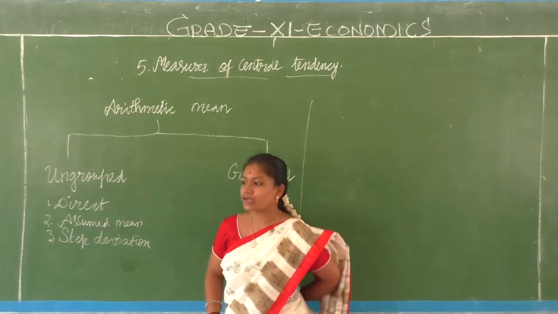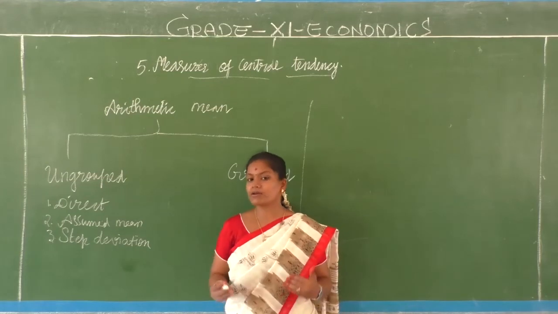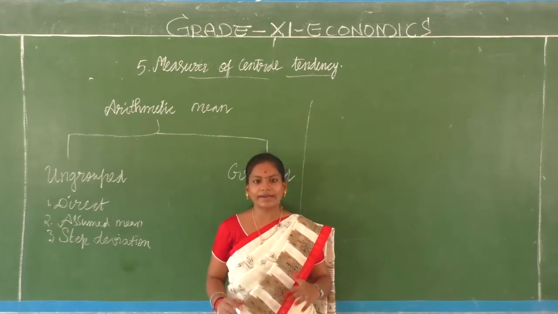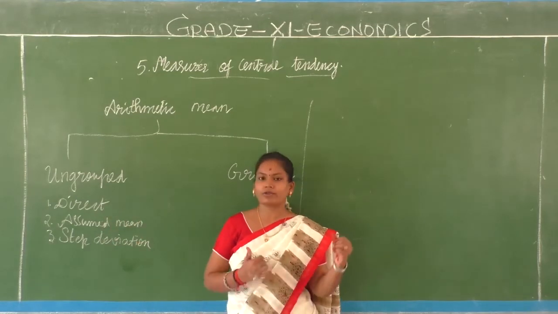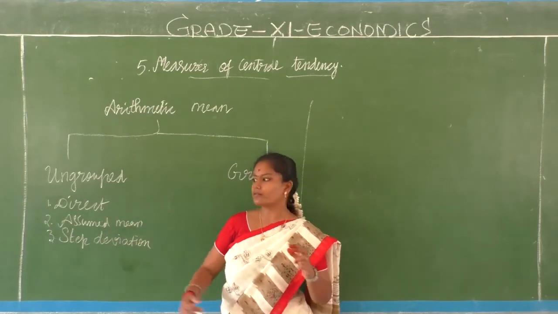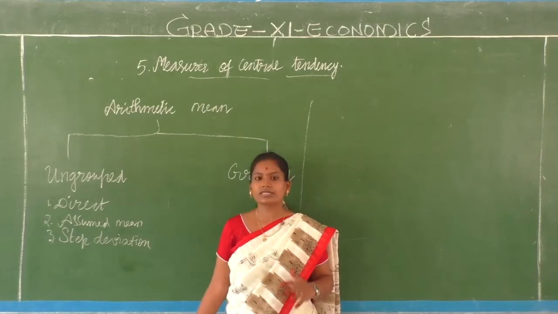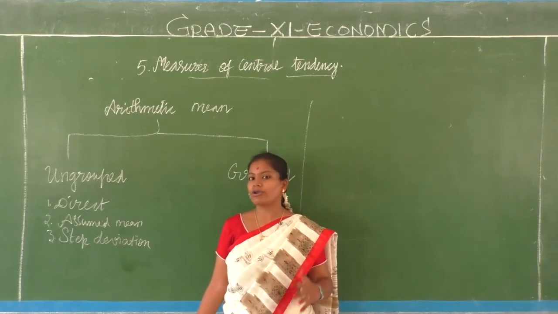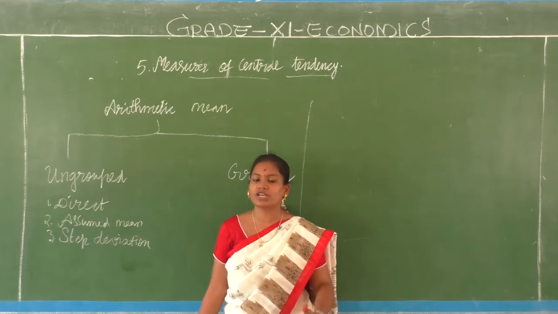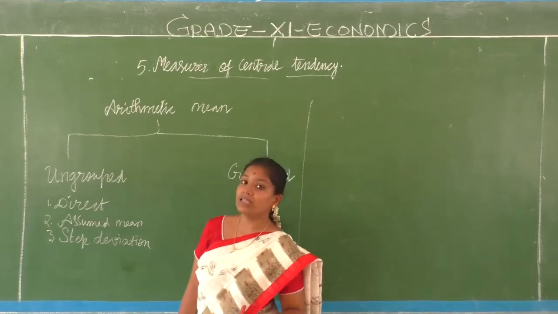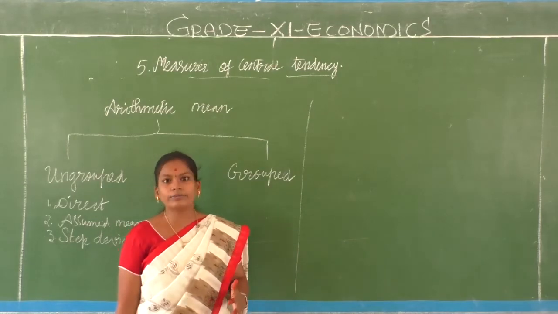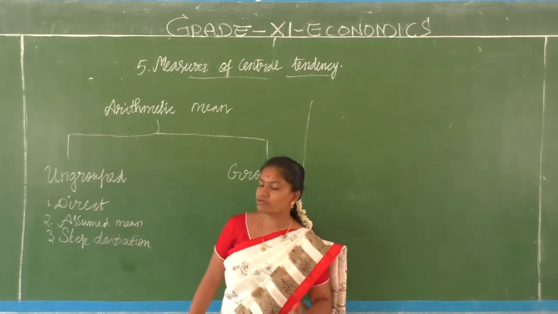We discussed that in whichever method arithmetic mean is calculated, it should give the same answer. Whether you are using the direct method or the assumed mean method or the step deviation method, you are going to have the same answers, the same arithmetic mean will be obtained using all these three methods.